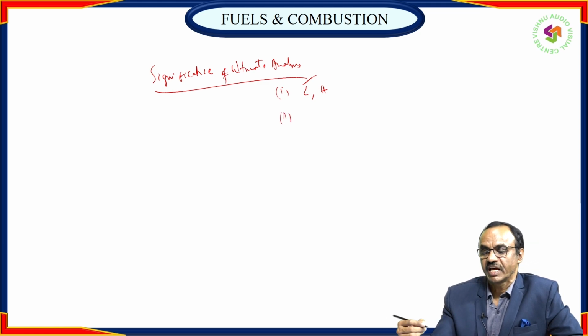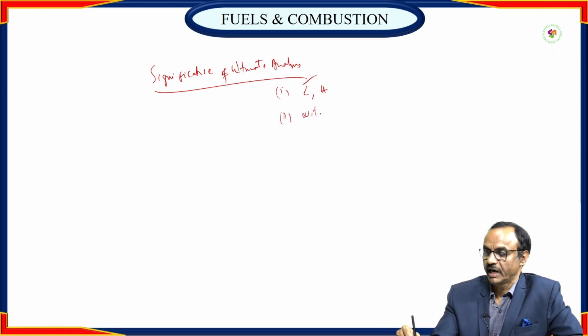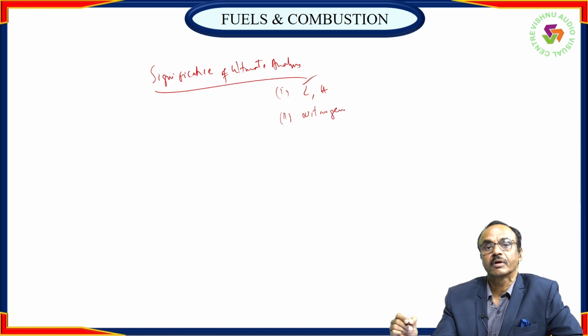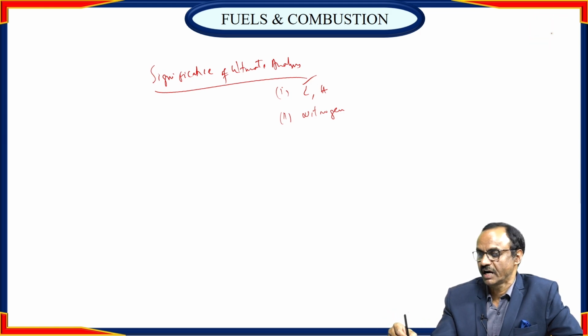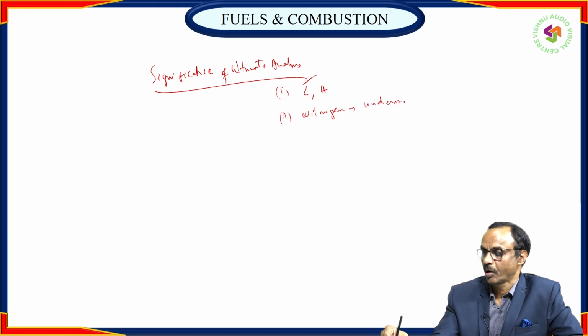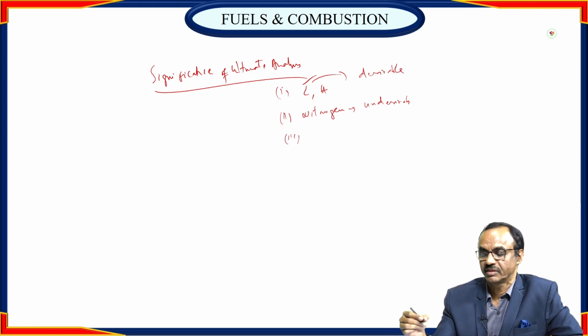The next component that we analyze in ultimate analysis is nitrogen. Nitrogen is a non-combustible substance. Only in extreme conditions does it combine with oxygen. So it is non-combustible; its contribution is 0. Therefore its presence is undesirable. The third one that we analyze in this method is sulfur.